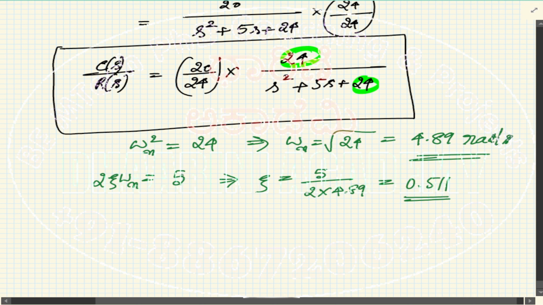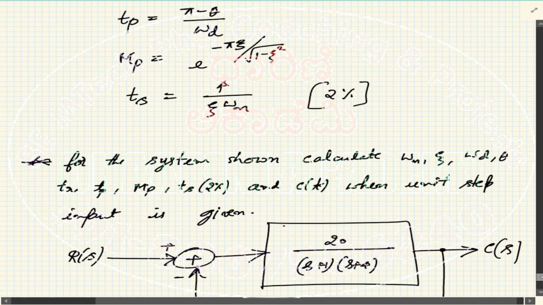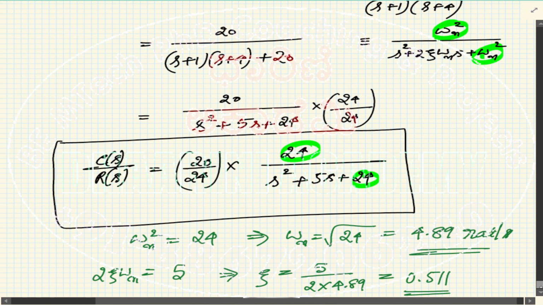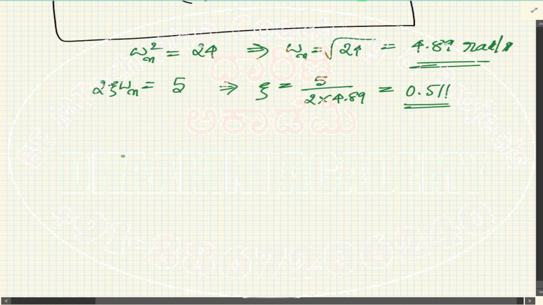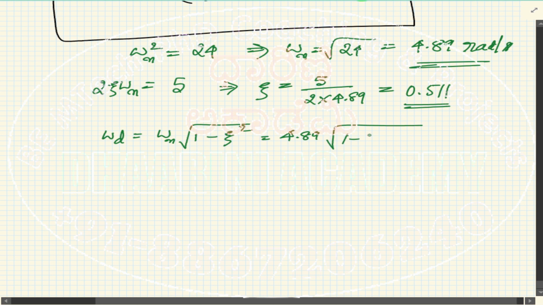Okay, so once we get these values, then we can proceed with the other values asked in the question. So you can see that omega d and theta can be directly calculated. Okay, so omega d is equal to omega n into root of 1 minus zeta squared. This is 4.89 into root of 1 minus 0.511 square.